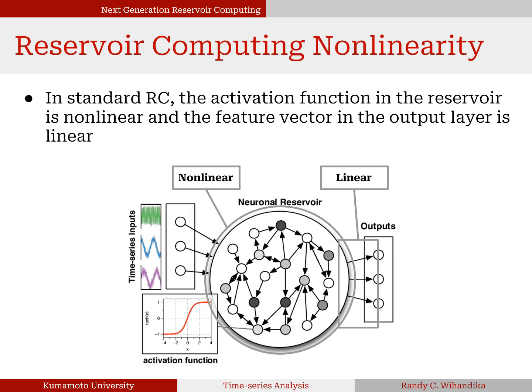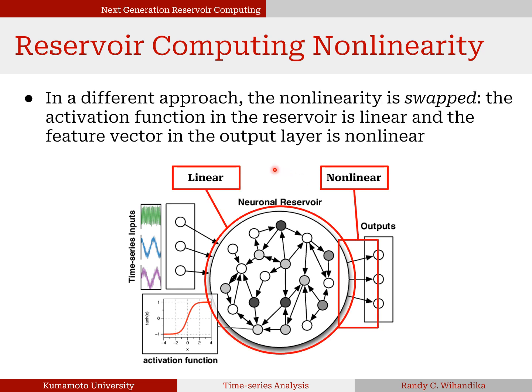In a standard or traditional RC, the activation function in the reservoir is nonlinear, and the feature vector in the output layer is linear. In a different approach, the nonlinearity is swapped. That is, the activation function in the reservoir is linear, and the feature vector in the output layer is nonlinear. So that's a different approach to the standard reservoir computing.